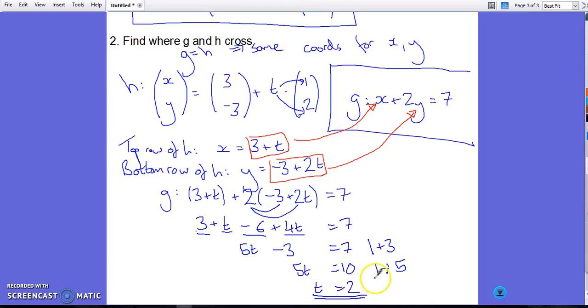Okay, so now if I put t is equal to 2 back into these, I get that x is 3 plus t, 3 plus 2, x is 5, and y is minus 3 plus 2 times 2, so minus 3 plus 4, which is 1. So we have the coordinates (5, 1). And this would also work if we put in (5, 1) here to get 7.